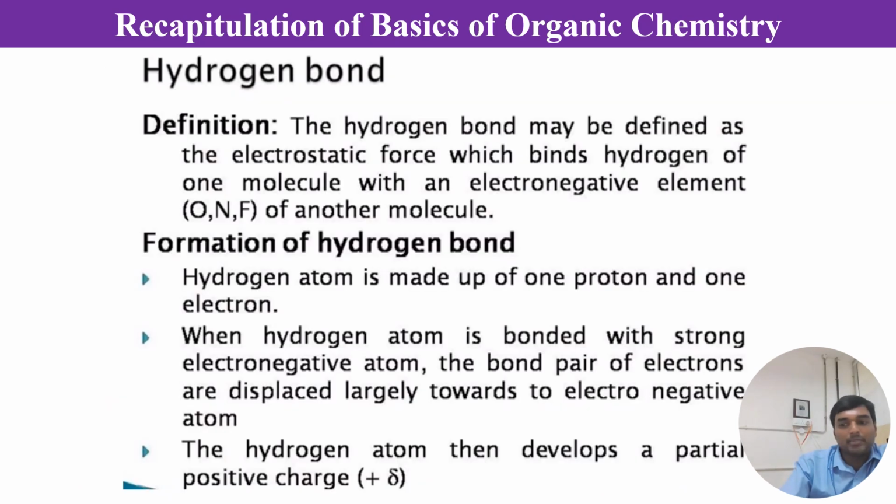It's distance dependent. Whereas hydrogen bond is quite different. A hydrogen bond is basically an electrostatic force that binds a hydrogen atom with electronegative atoms. It is very important for supramolecular chemistry, where molecules are assembled together via hydrogen bonds or other weaker forces.